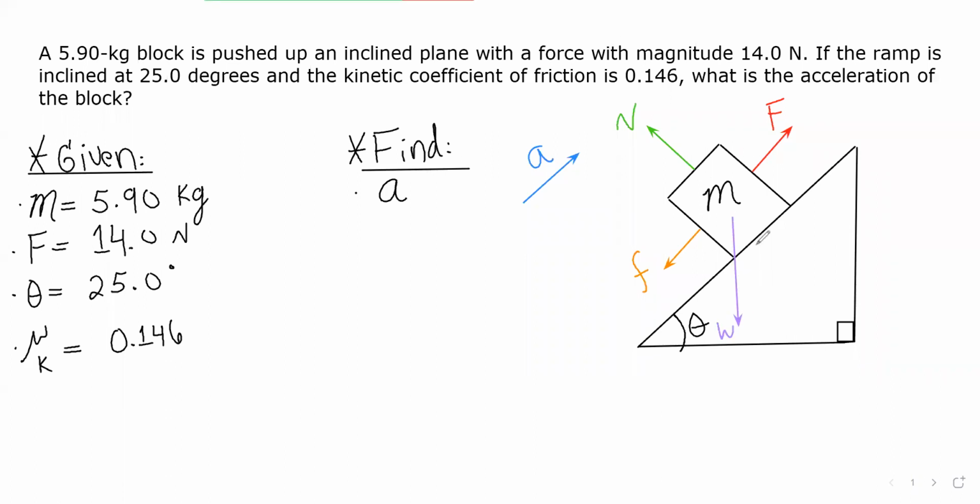I'll call it W. But now that's going to be broken down into a vertical component, I'll call that WY, and a horizontal component, WX.